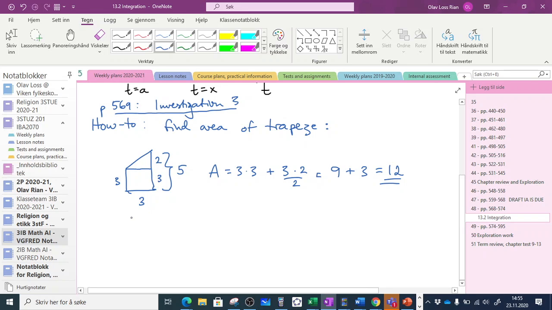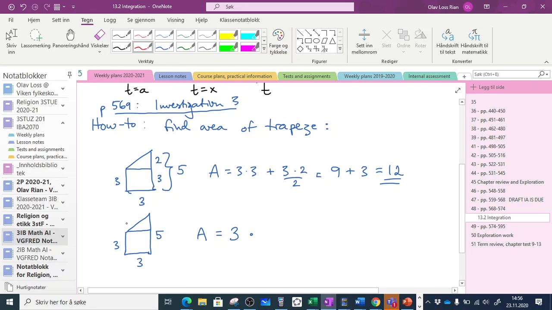There's also a formula for finding the area of a trapeze. If you have your two heights and the length of the baseline, we can find the area by taking the baseline and multiplying that with a sort of mean value of the height.